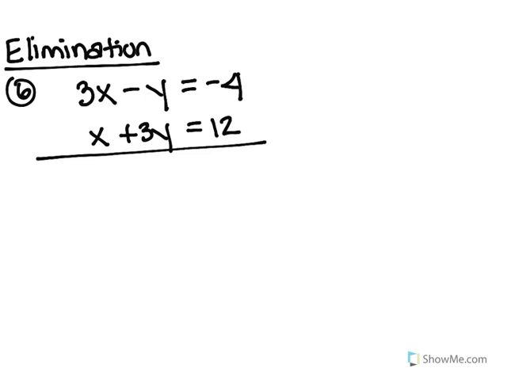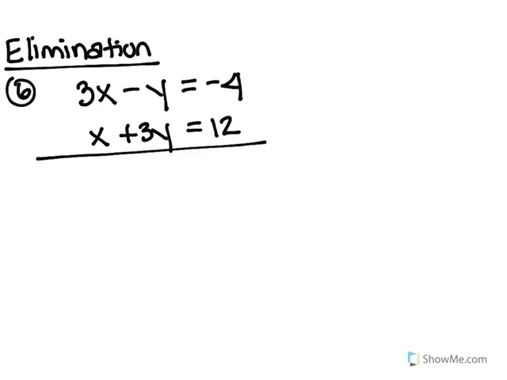Now, what I mean by eliminating is that if I wanted to get rid of the x's, meaning I want them to be gone, I would need to multiply one of these equations by a number that would make it cancel out. So let's look at what we have. On the top equation, you have a 3x. So look at the bottom equation, you just have x.